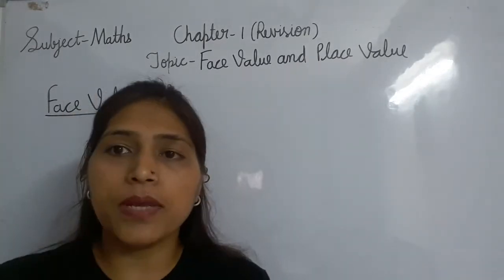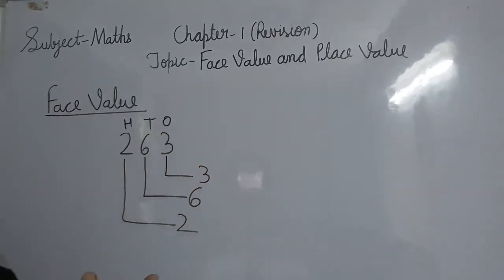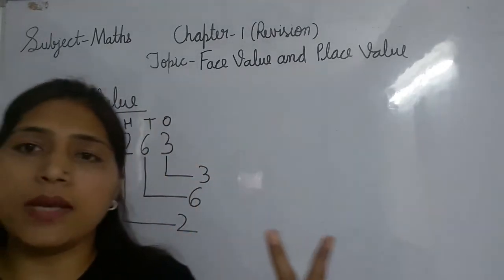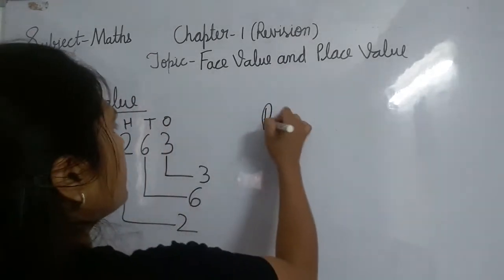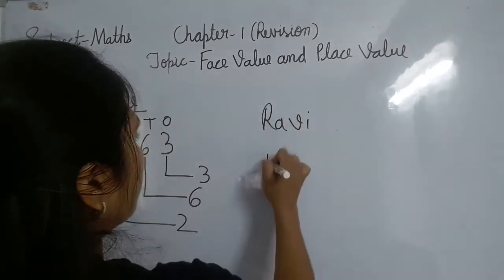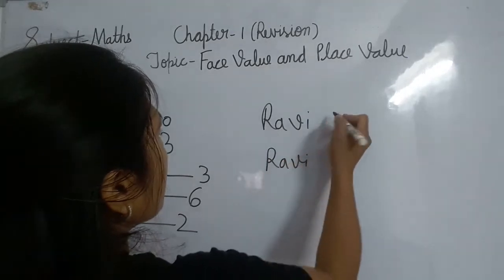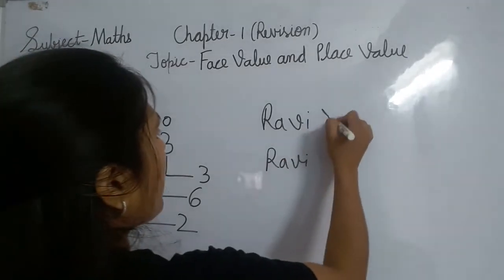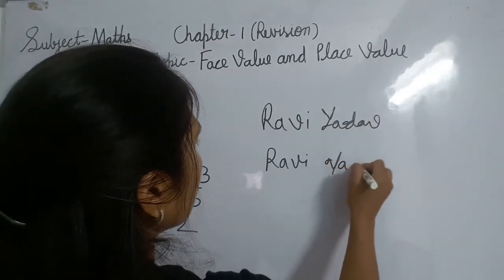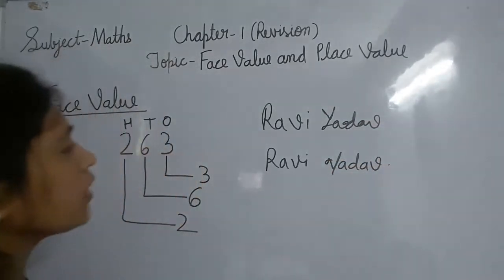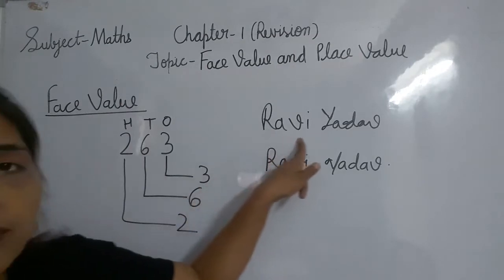Maybe two students with the same name are there in class. Maybe Ravi and Ravi, both are Yadav. So how will you recognize which Ravi ma'am is talking about?